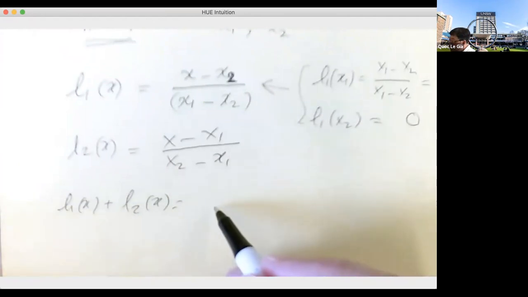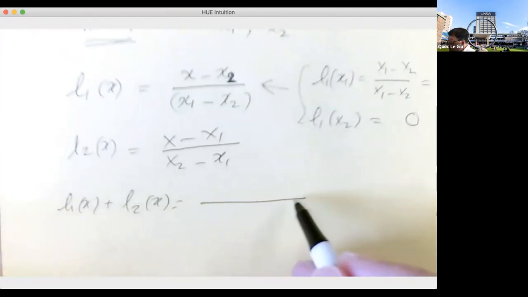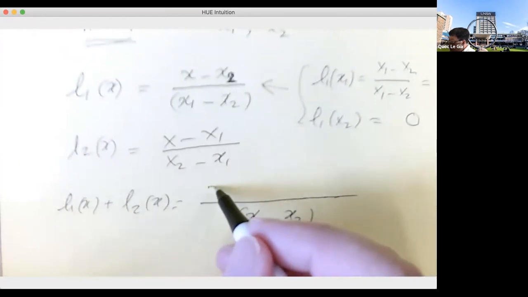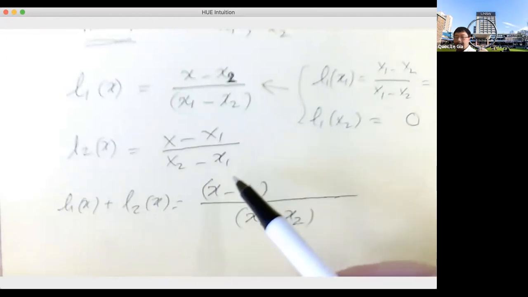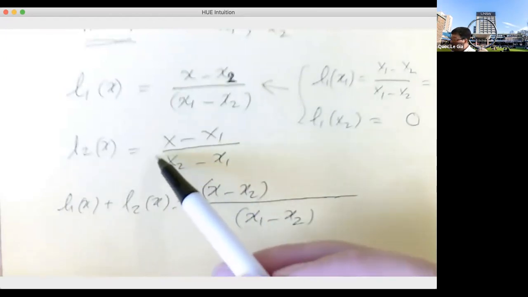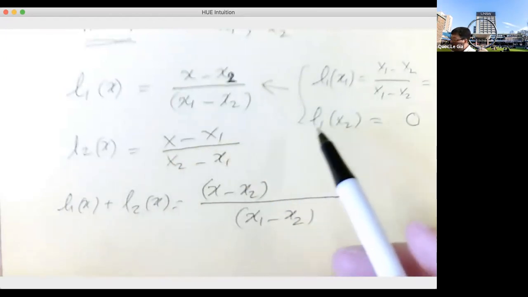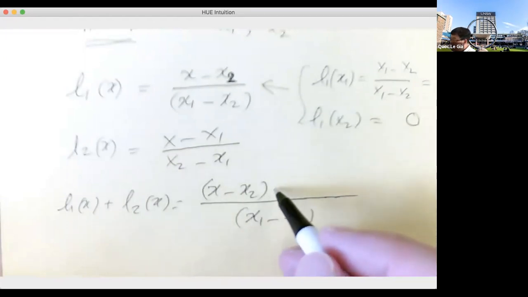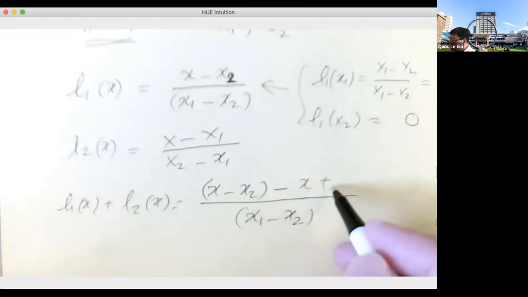If you multiply the second one by minus 1, then you get x1 minus x2 in the denominator, so this one is just minus x plus x1.